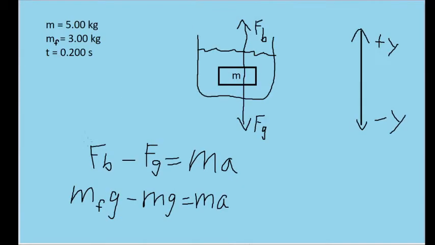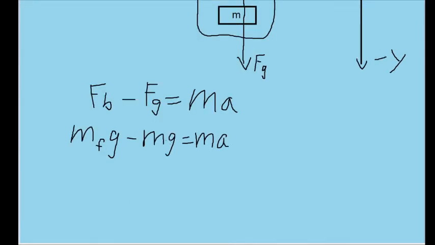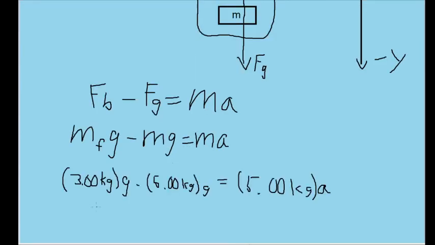So I've subbed in m sub f times g for the buoyant force, minus the force of gravity, which we know to be just the mass of the object times the acceleration due to gravity, and it's equal to ma. And this is actually already pretty close to what we're looking for. So let's sub in some variables that we already have. I've plugged in the mass of the displaced fluid for m sub f, and I've plugged in the mass of the object, 5 kilograms, for just m.